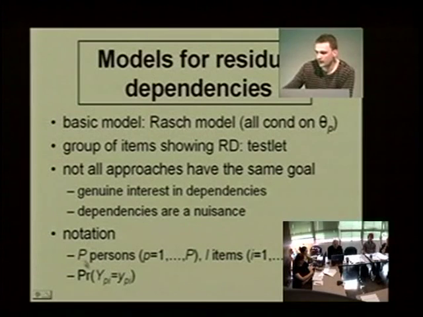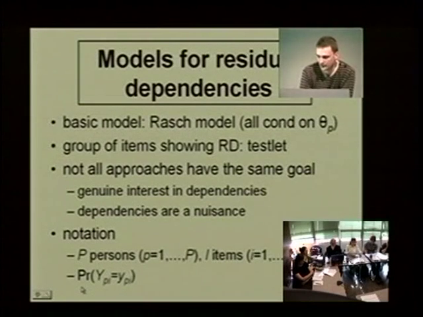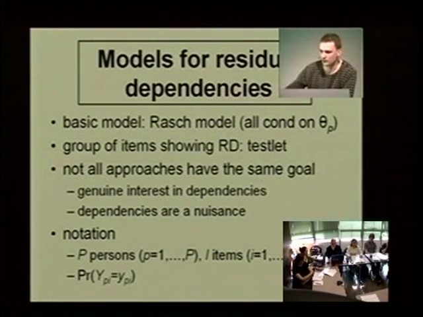Here is some notation. I will talk about capital P persons, and there is an index small p that runs from 1 to capital P. There will be capital I items and an index small i that runs from 1 to capital I. And then the probability that a person p responds Y on item i will be denoted as has been indicated here below.